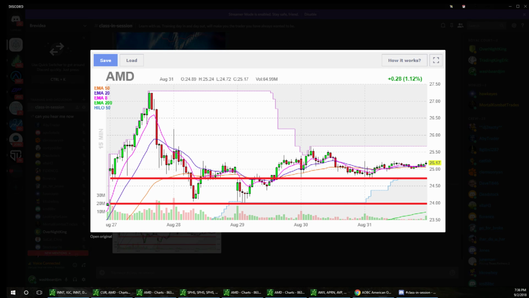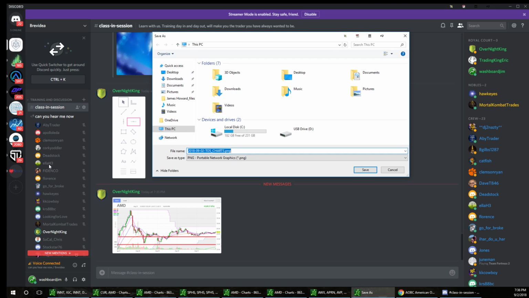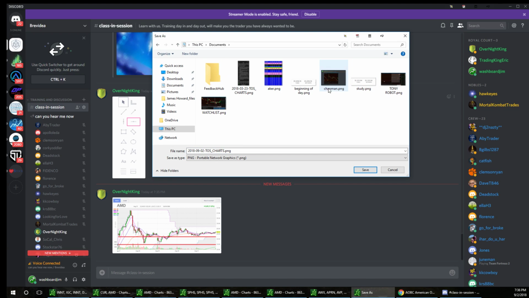And then with Finviz, you can get into trend lines, which is basically the same exact thing. Where did I put that chart? I'll find it here. There we go.